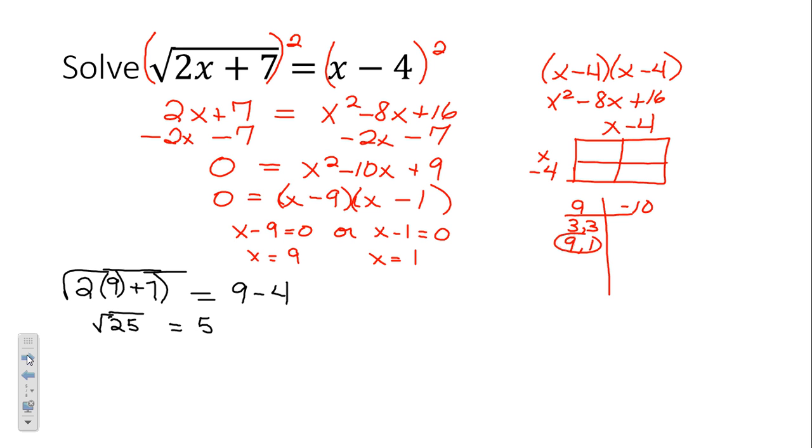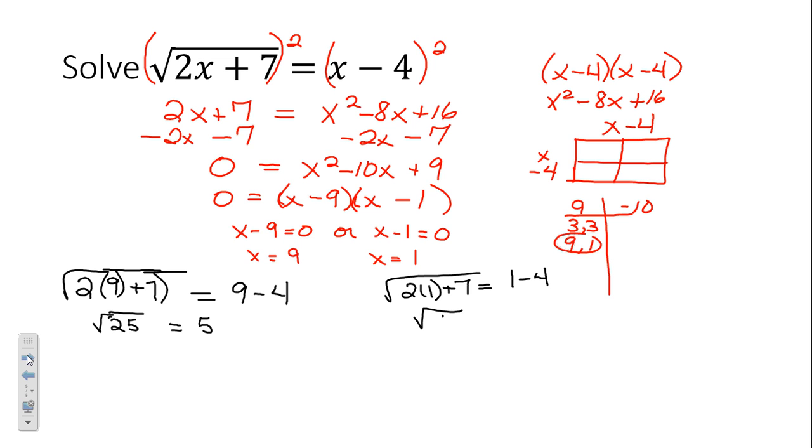Okay, now we're going to plug in our 1. The square root of 2 times 1 plus 7. Will that be equal to 1 minus 4? So the square root of 2 times 1 plus 7 reduces to 3, because 2 times 1 is 2, plus 7 is 9.